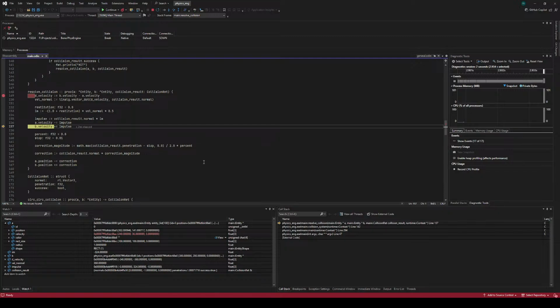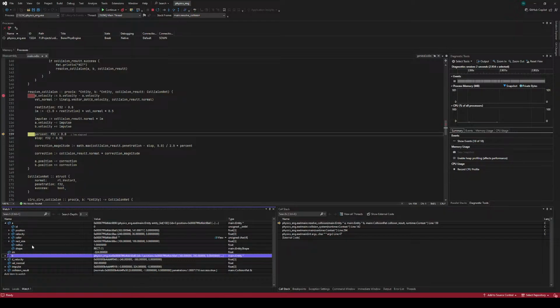But it's still there, so in the very next iteration, it's going to pass through. I wonder... Then probably B would get a random velocity boost, right?